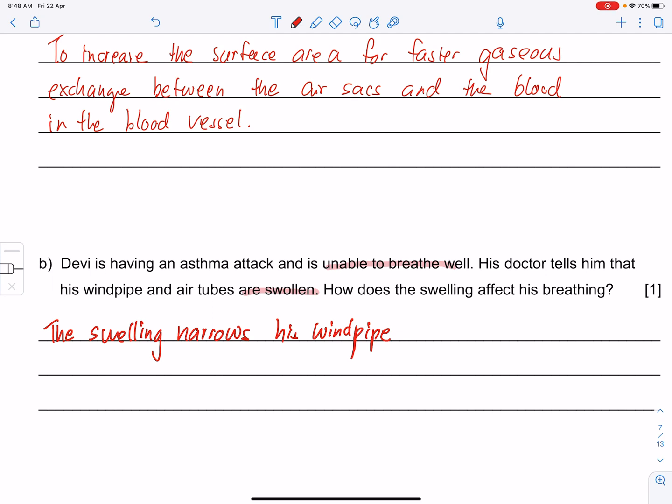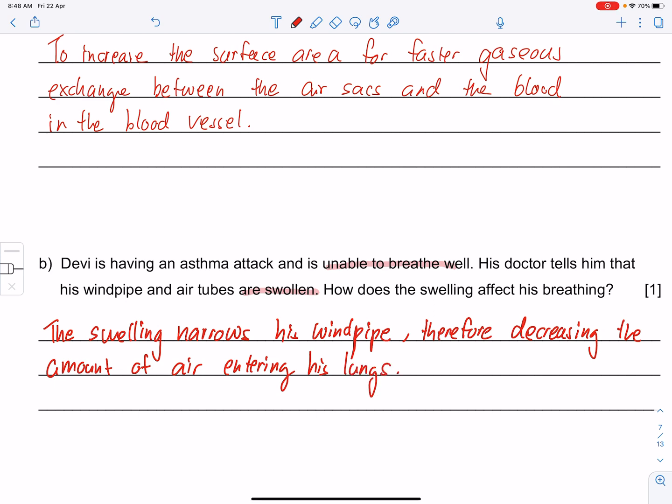Now, then after that, you're going to tell me, so if it narrows the windpipe, what happened? Therefore, decreasing the amount of air entering his lungs.